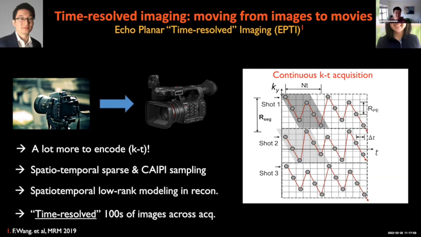Combining this with spatiotemporal low-rank modeling, which has been really powerful, we're able to time-resolve hundreds of different images across these multi-shot EPI-type acquisitions that are distortion and blurring free.